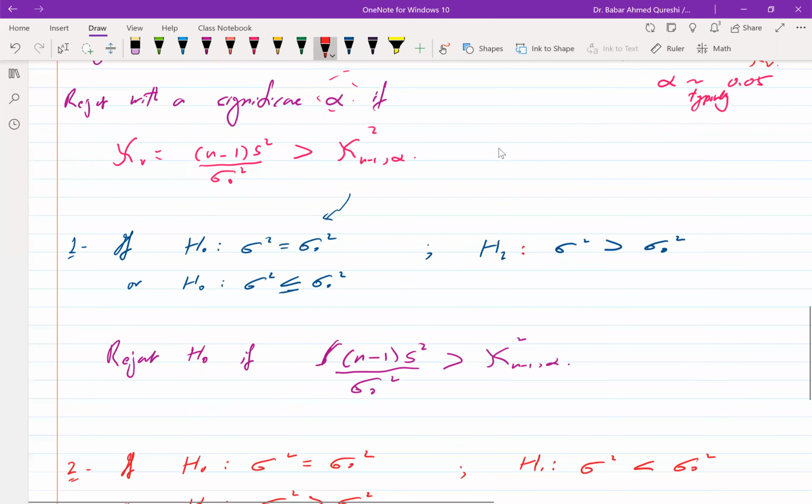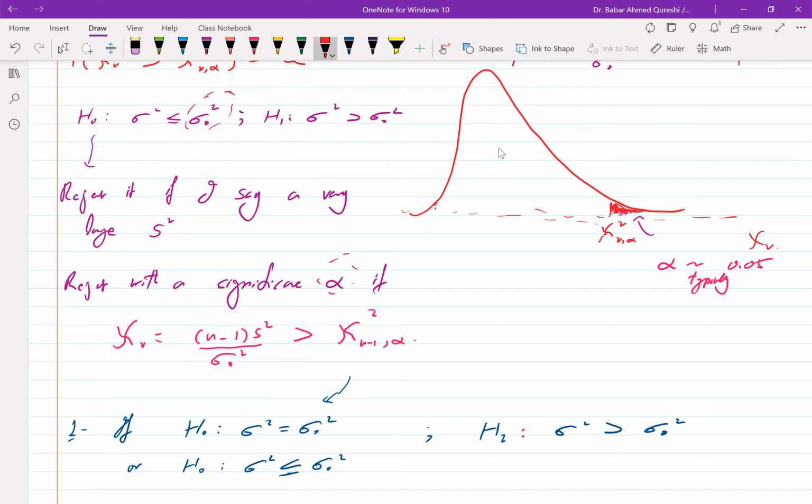So now you are looking for a critical value here, some kind of a beta, so that if you get a very small chi-square landing in this region, then it will have a small probability to occur. And if that happens, then you reject.